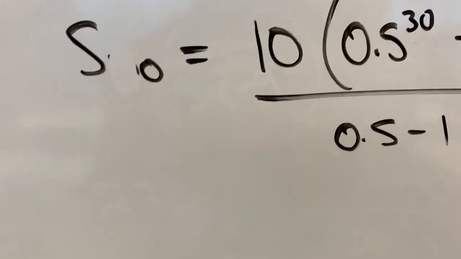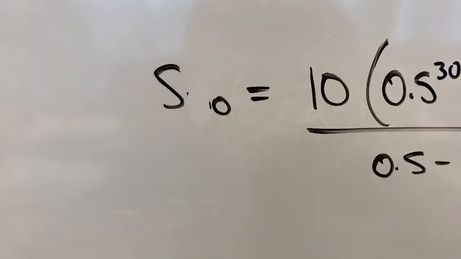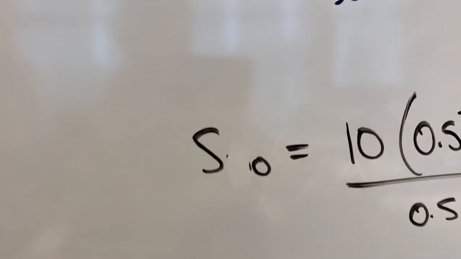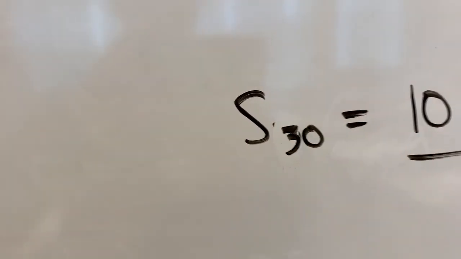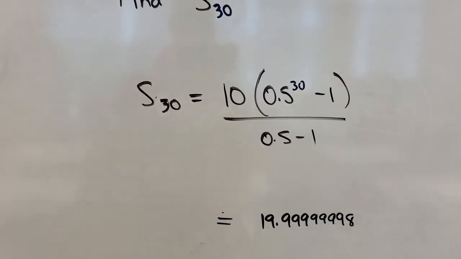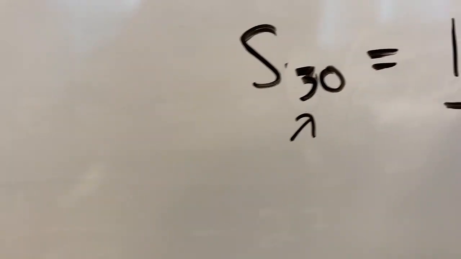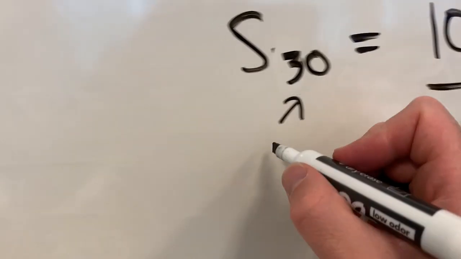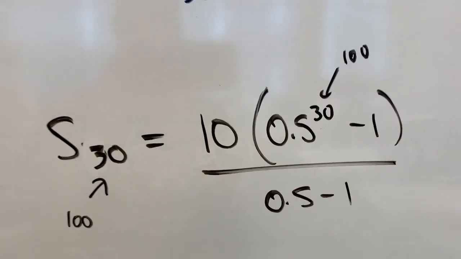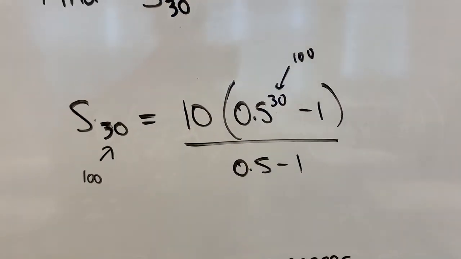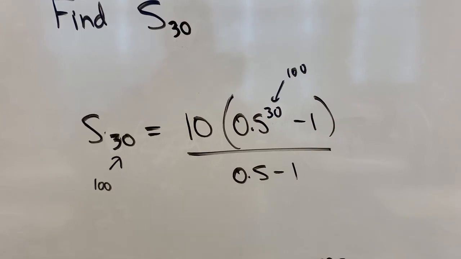If I were to do S100 as the next piece of this example, you'd find that your calculator starts to actually round things off for you. In other words, if I change this to a 100 and this to a 100, when you type in 0.5 to the 100, the calculator almost says 0.